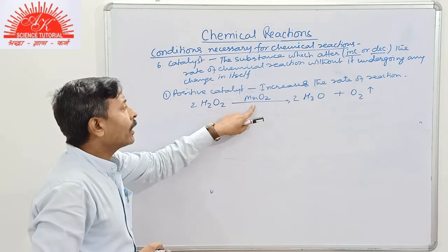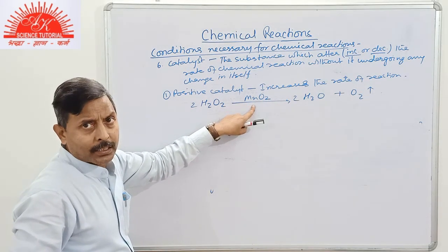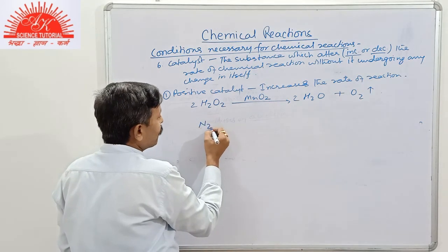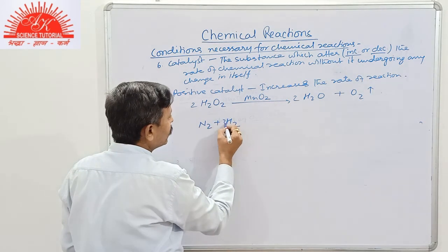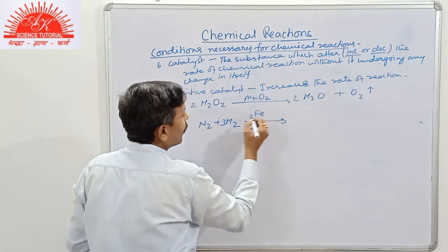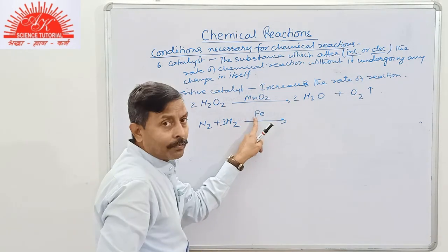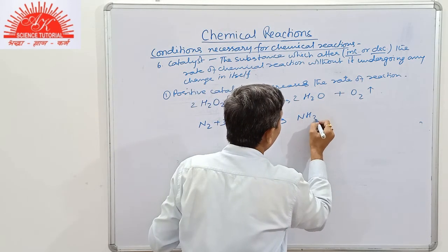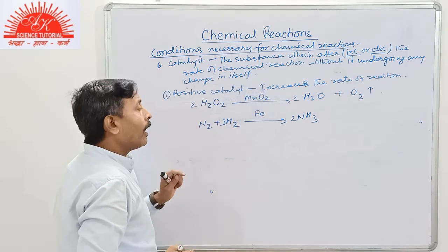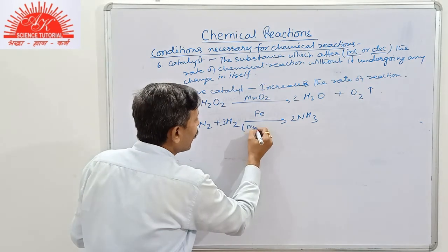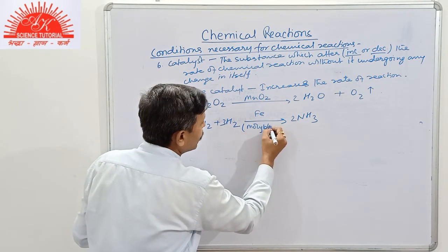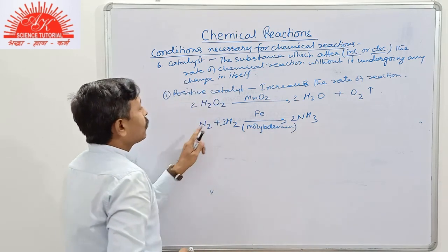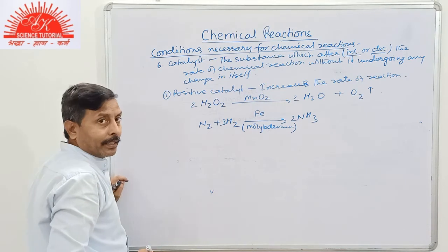As a result, it acts as a positive catalyst. Similarly, take another example. When nitrogen and hydrogen are reacted together in the presence of finely divided iron, the rate of reaction is increased. Here we also use another substance, molybdenum, which we will study later. So these are the positive catalysts.